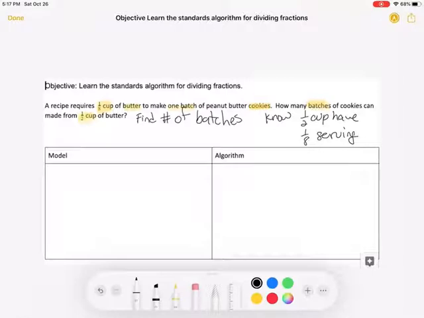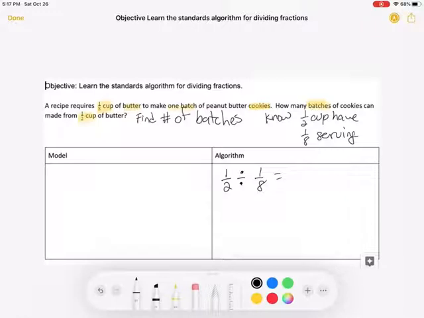Well, we want to figure out how many servings fit into what we have. So we have 1/2 cup butter, and we're trying to figure out how many 1/8 fit into it, because that's going to let us know how many batches we can get.